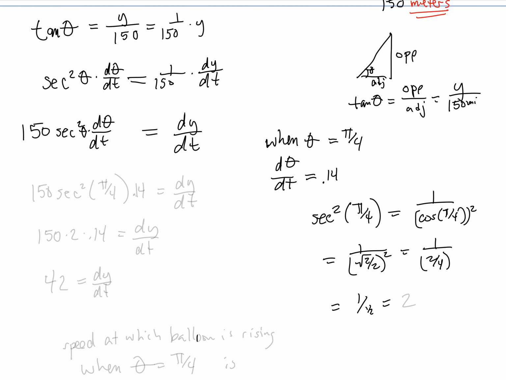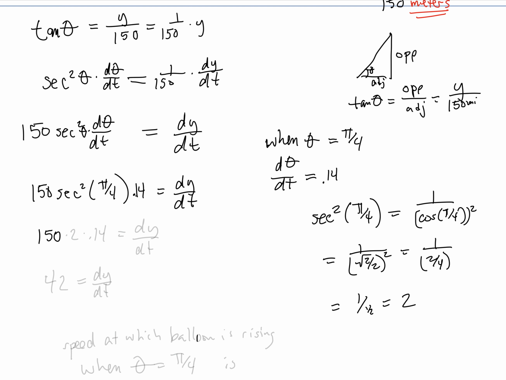And we can invert that fraction, that's equal to 2. So we figured out that this is 150 times secant squared of pi over 4 times d theta dt, which is 0.14, is equal to dy/dt. And secant squared of pi over 4 is equal to 2.